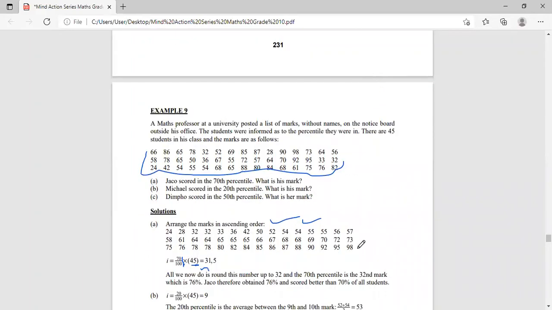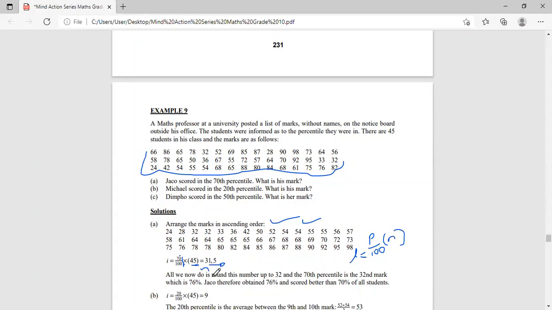So i is equal to the percentile over 100 multiplied by n. N is the total number of the marks. So if I scored in the 70th percentile, I substitute in the 70 over 100, and then n is 45. So this is the mark.